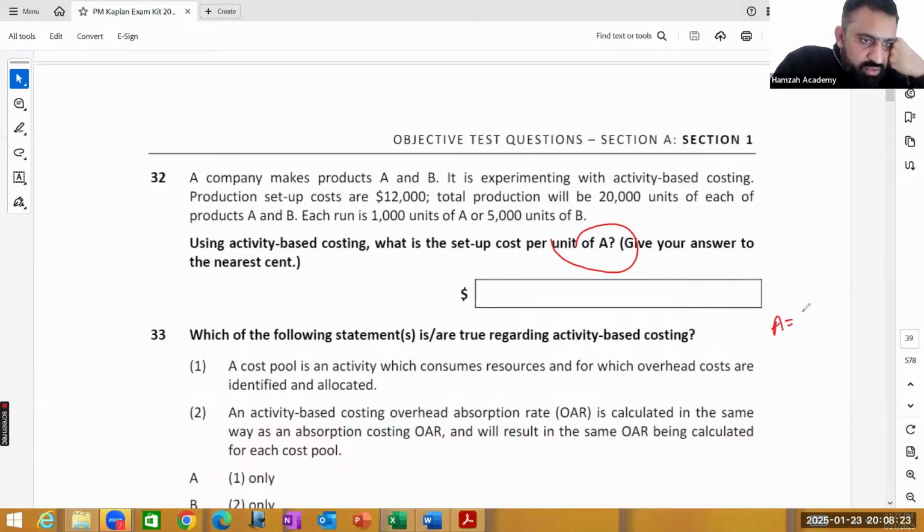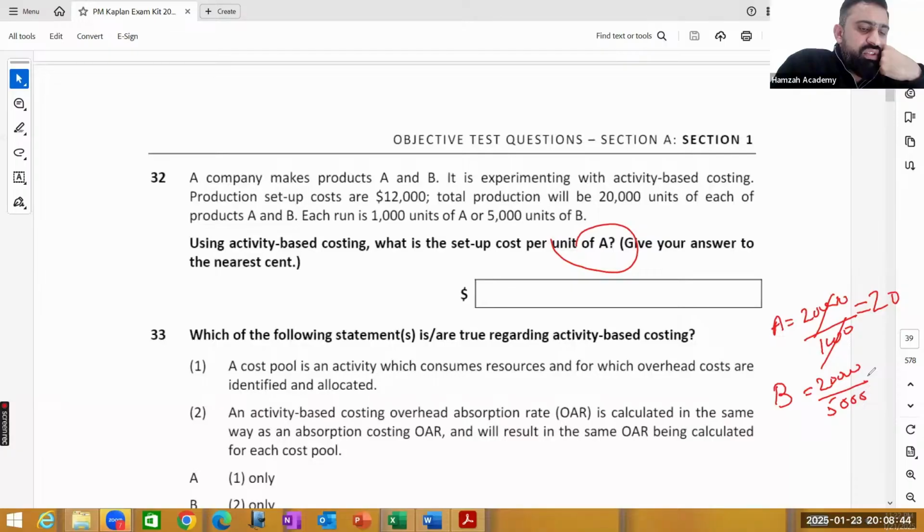So for A, the 20,000 units, and each run consists of 1,000. So there will be 20 runs of A, and B will also be 20,000, and it requires 5,000 units in a run. So it will be 4. So you have total 24 runs. So the total cost is 12,000 divided by 24.